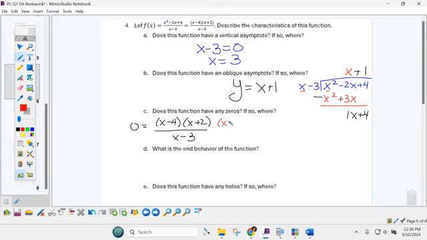Multiply both sides by x minus 3. 0 equals x minus 4, x plus 2. Set each factor equal to 0. Solve, and we have 2 x-intercepts at 4 and negative 2.